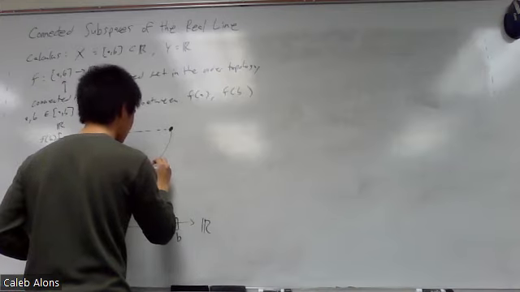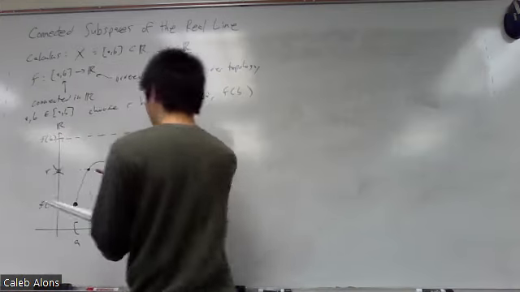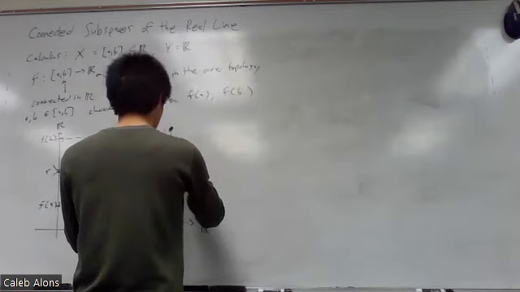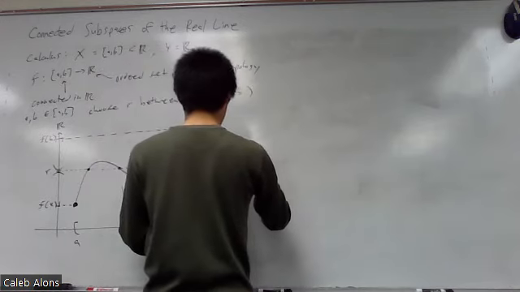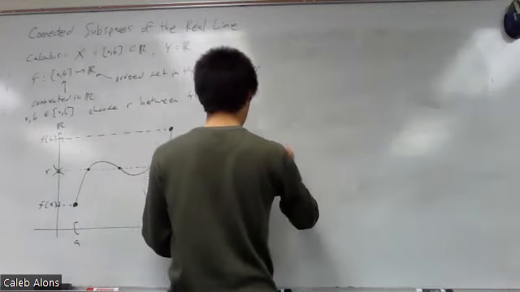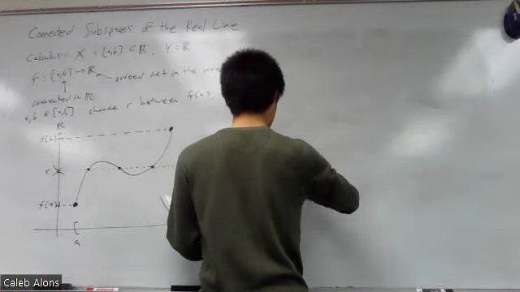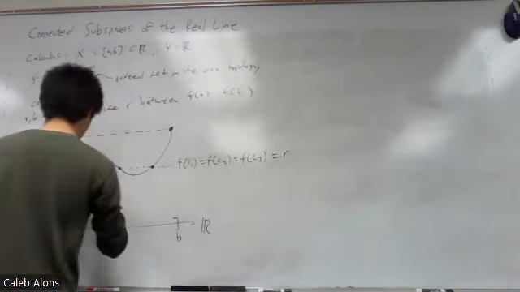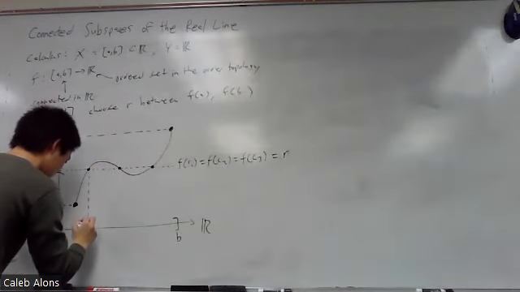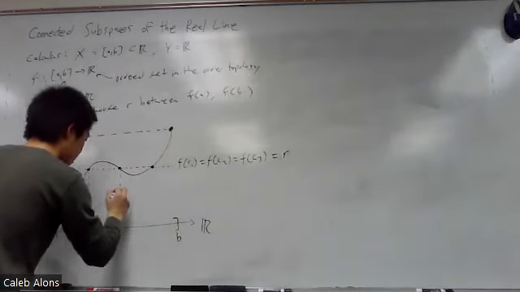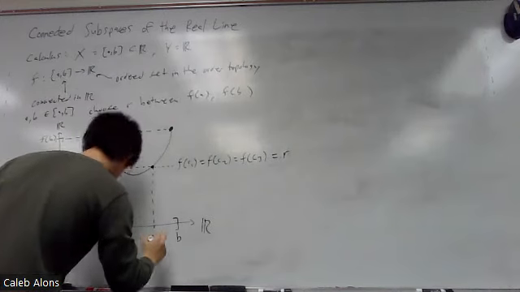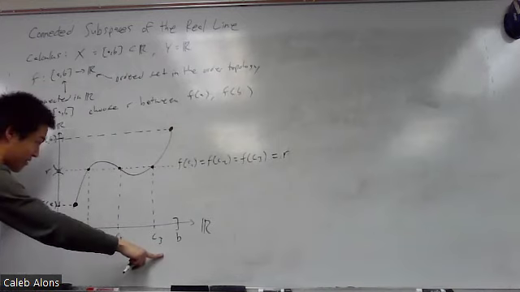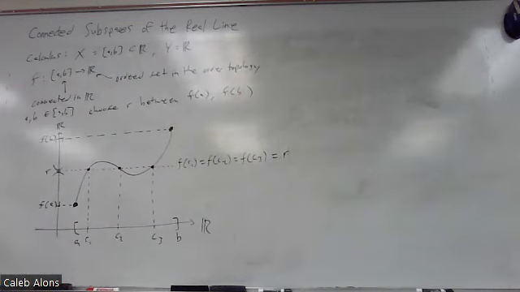I like this example because usually they only show one, but this shows that it could be more than one: c1, c2, c3, which map to r. So here this would drop down to c1, c2, c3. Obviously, this doesn't have to happen, but it's accommodated by the theorem.